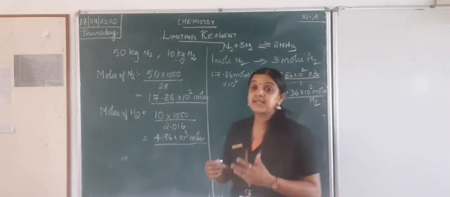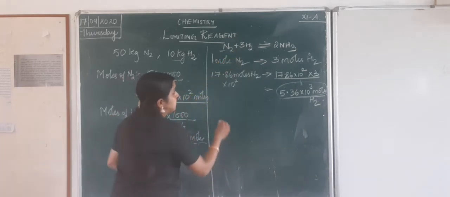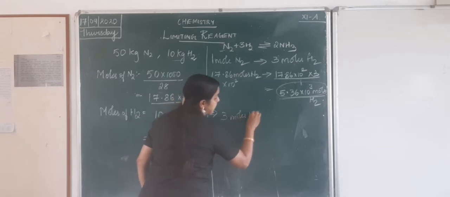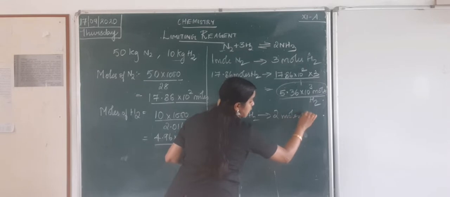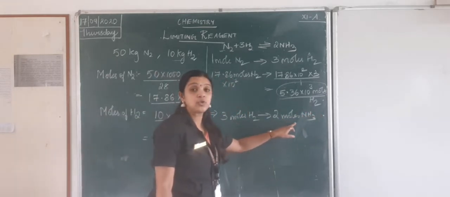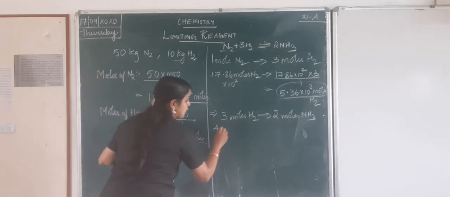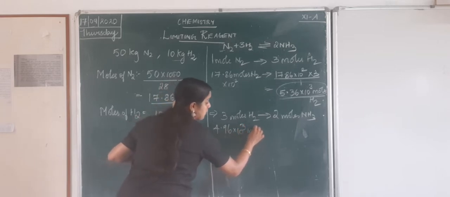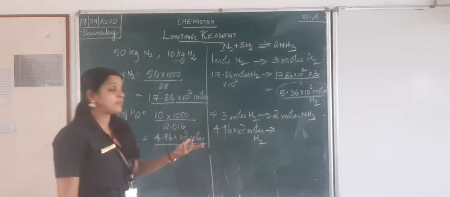Now what is the next step we need to do? Now we need to know that 3 moles of hydrogen will give 2 moles of ammonia, right? So 4.96 into 10 power 3 moles of hydrogen will give how much ammonia?